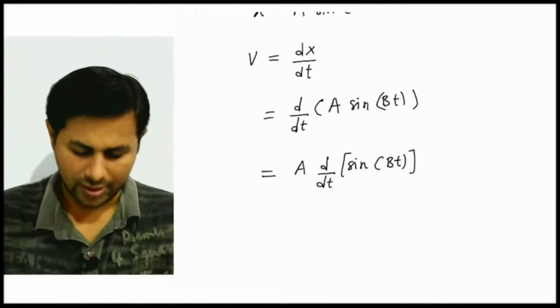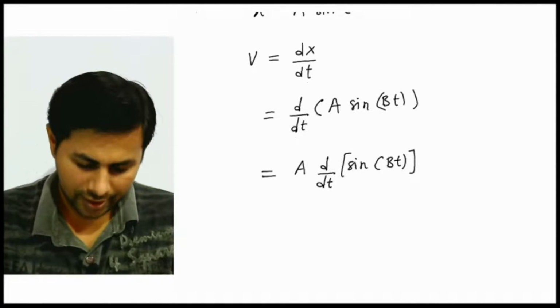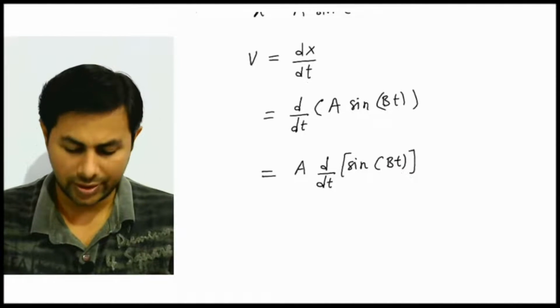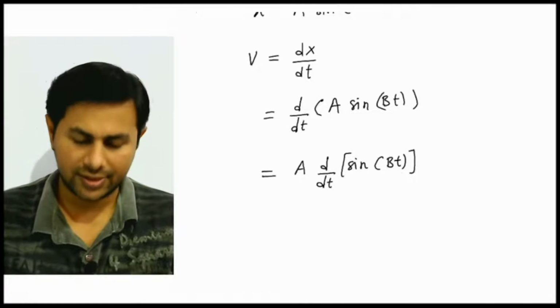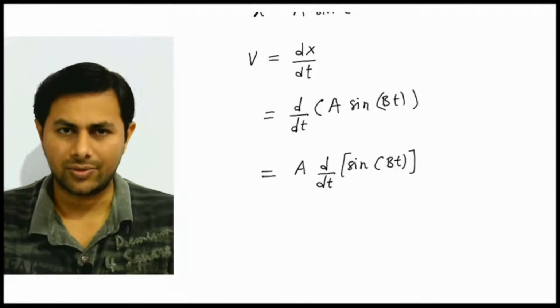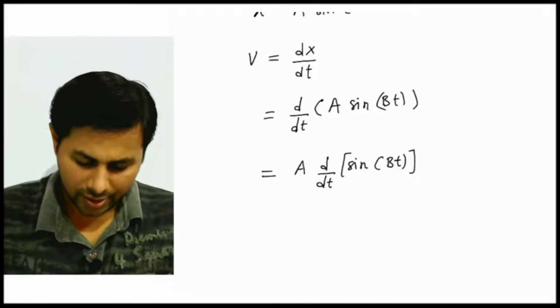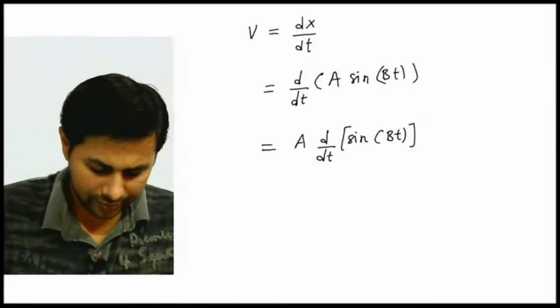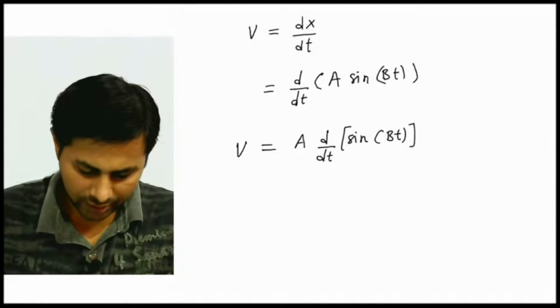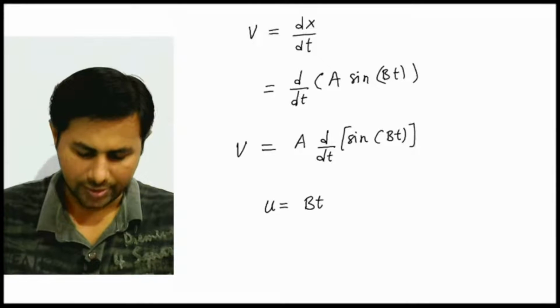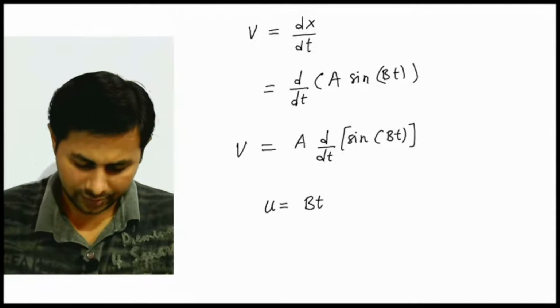Okay, after that, now here we notice that it's not sine of t, so we cannot directly take its derivative. So what we have to do is apply the chain rule over here. To apply the chain rule, let's suppose u is equal to b times t.